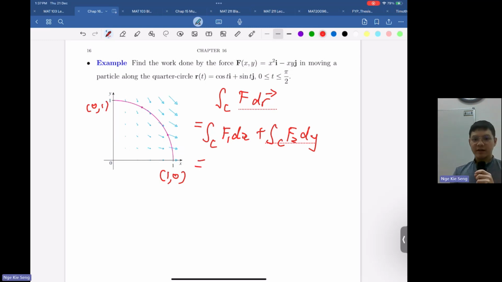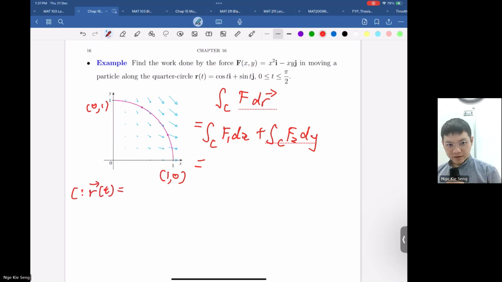So have we parameterized the curve yet? We are given the parameterization. Let's write it in vector form: cos t and sin t, where t goes from 0 to pi over 2.